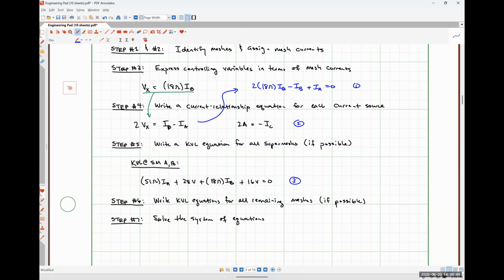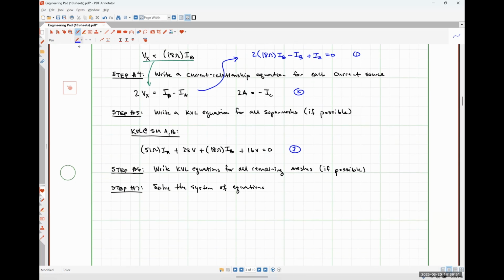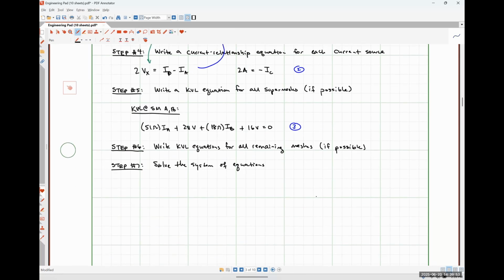And so when I solve that system, I found that IA was equal to negative 0.87153 amps.